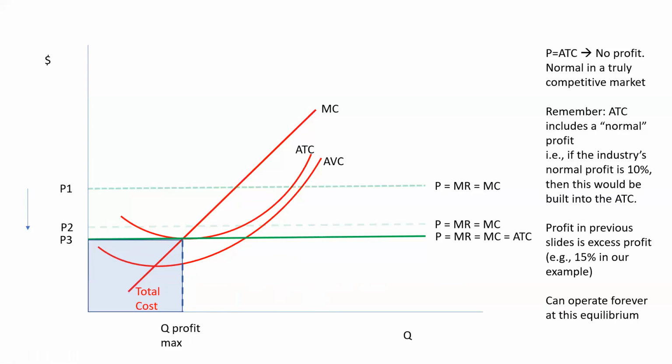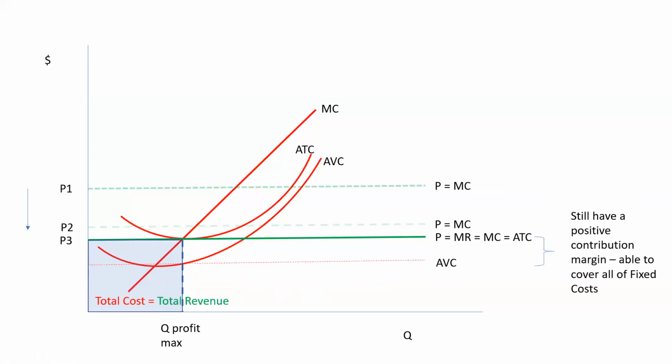This is the first situation where we have to consider shutting down, right? So at this point, I want to take into consideration average variable cost. Just like we did before, where we looked at where the profit maximizing quantity line goes through the average total cost line, we can also look where it goes through the average variable cost line, and that gives us our average variable cost at this quantity.